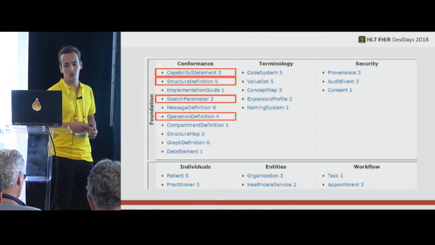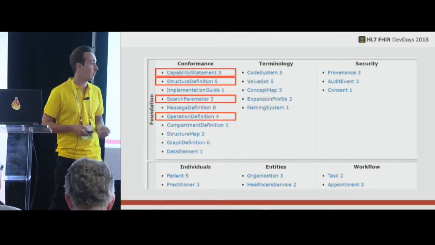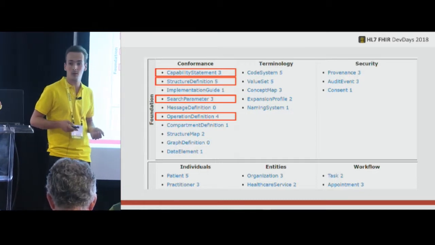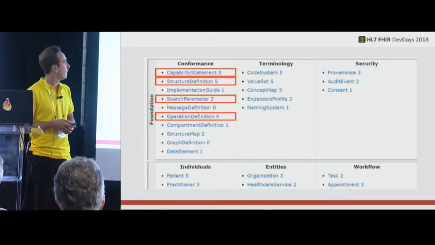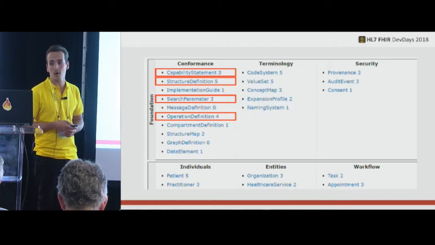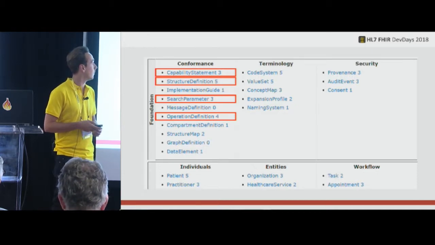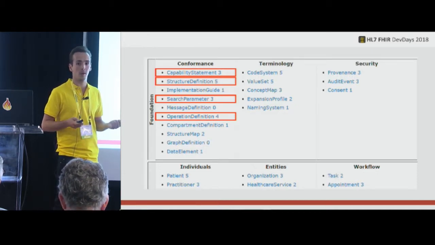And also, you will include other conformance resources. So if you define additional search parameters or operation definitions needed for your implementation, you will include them. But also capability statements. In FHIR, servers need to expose a capability statement where they state their capabilities.